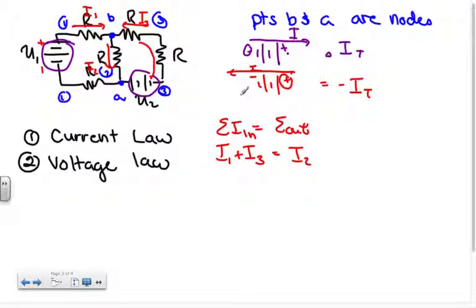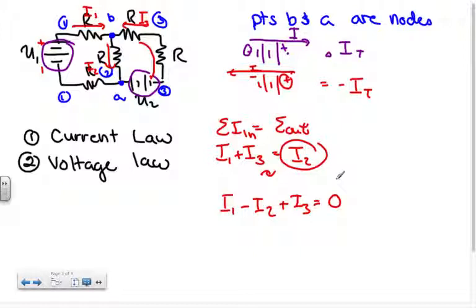But there can be other situations where you have multiple currents going out, but those are more complicated problems, obviously. Now, if I move I2 to the opposite side, this ends up being I1 minus I2 plus I3 is equal to nothing, which is the same thing stated differently.